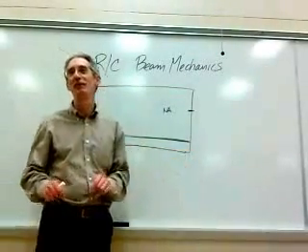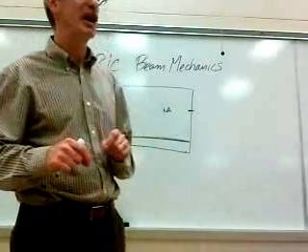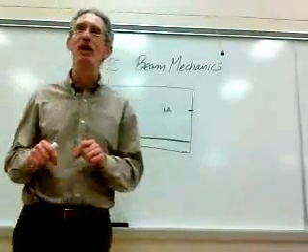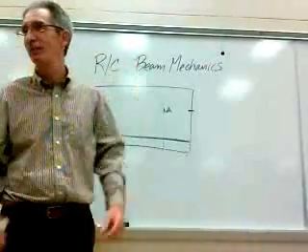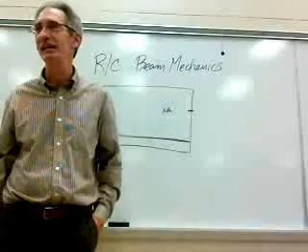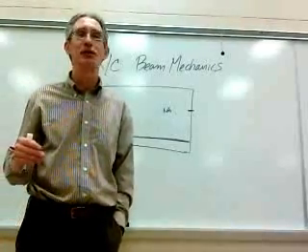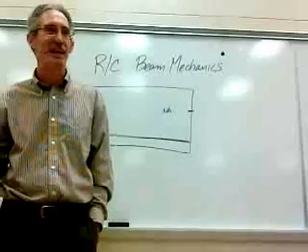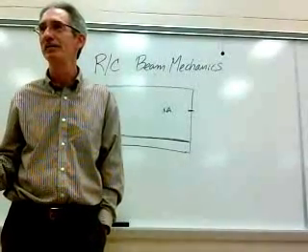So this is sort of interesting. If the moments are very, very low, the reinforced concrete beam behaves almost like we thought of back in strength of materials. It behaves elastically. But as soon as the moments get any size at all, the concrete begins to crack.